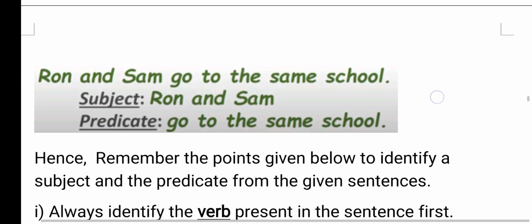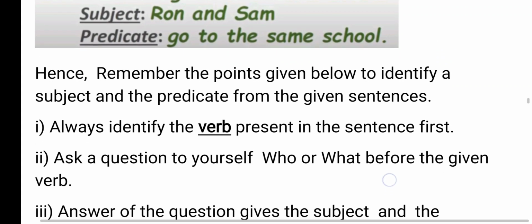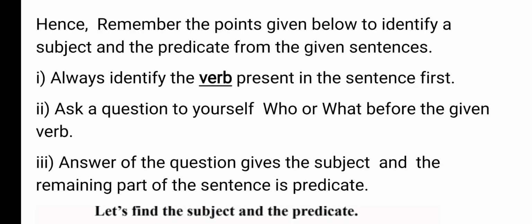Hence, students, remember the points given below to identify a subject and predicate from the given sentences. This will always help you. The first point, always identify the verb present in the sentence first. So always pick up the verb from the given sentence.